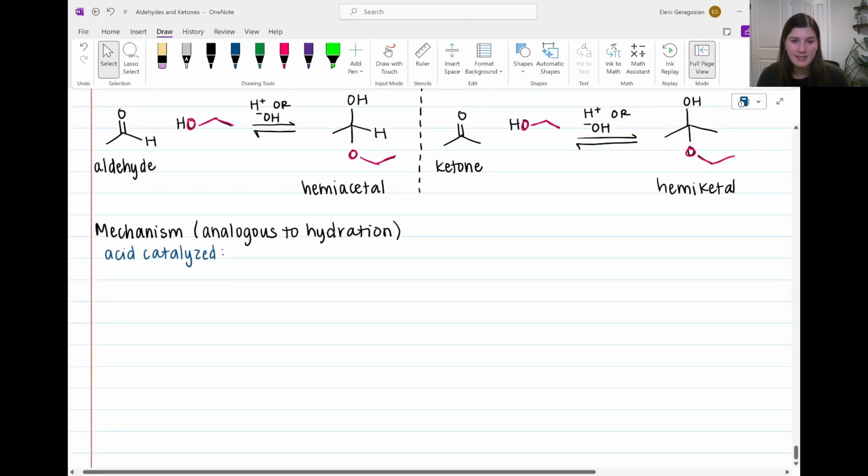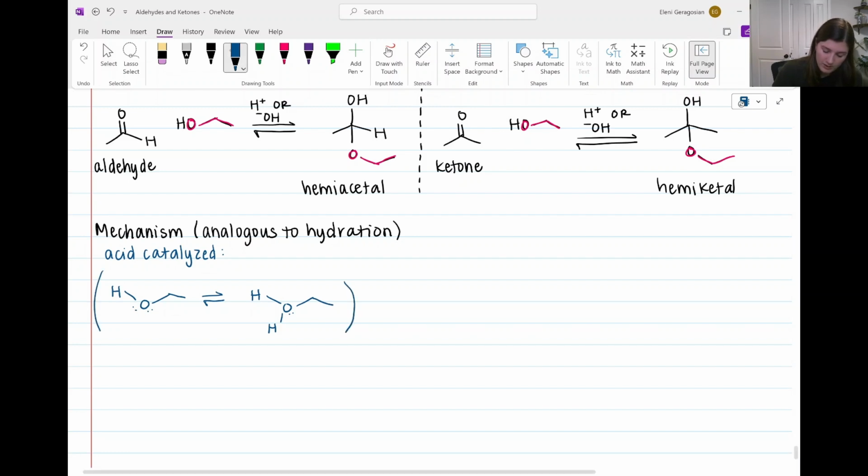If we're doing an acid catalyzed mechanism, then we have the neutral alcohol molecule present in solution in equilibrium with the protonated version of the alcohol. These are the molecules present in solution, similar to when we did the hydration reaction. These are the molecules that will be used to carry the reaction forward. We have both of these in excess, so we can use them as needed for each step of the mechanism.